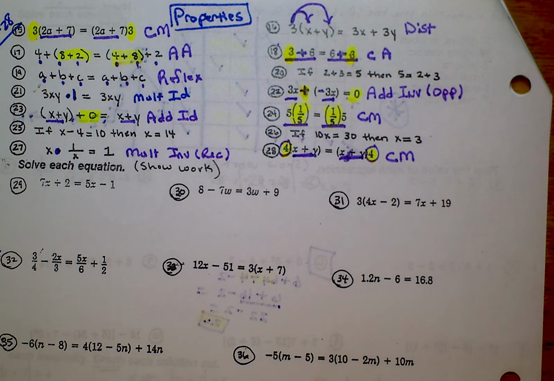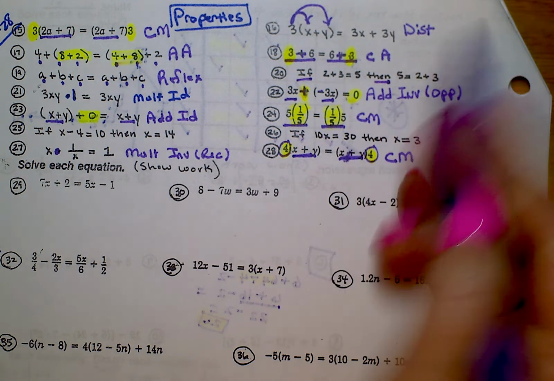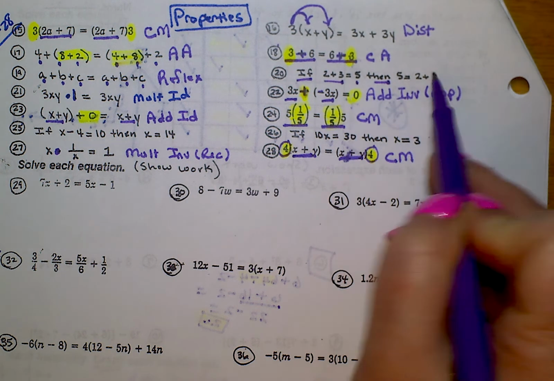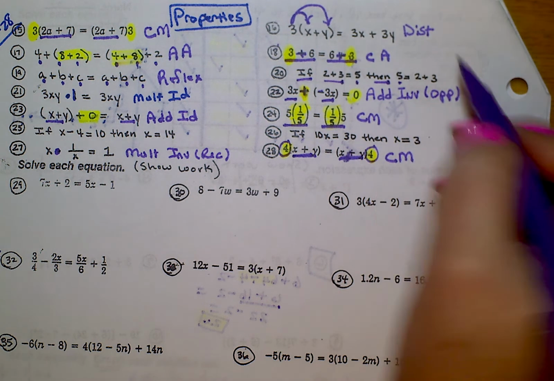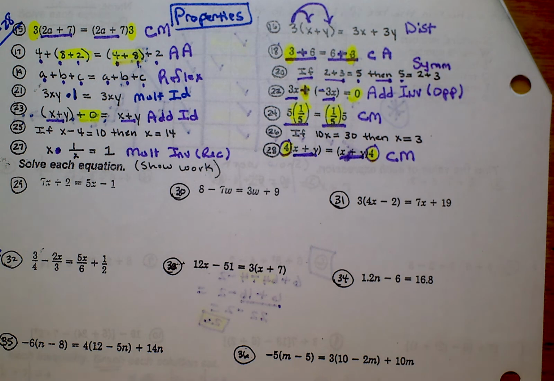Those words are interchangeable, so you could have either one of those. Now it looks like we're just left with if and then. If you have an if and then and it is a flip, that's like your symmetric property, where you can fold things on an imaginary line and things touch. So notice I have an if and then, and I have things flipped, okay? So 2 plus 3 equals 5, 5 equals 2 plus 3. That would be called your symmetric property.